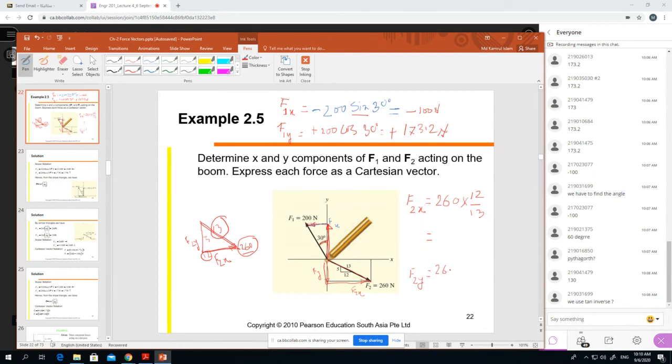Similarly, 260 and 260, so it is 13, and we want to find in the y direction, which is 5, so we write down 5. Look, you don't need tan inverse or cos, nothing. The first one is 240, right? And F2y, tell me please.